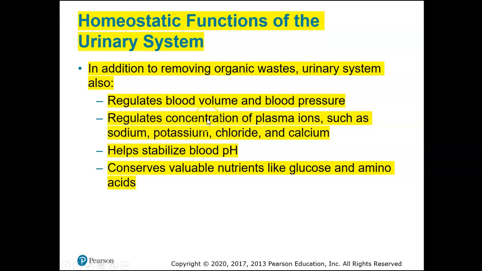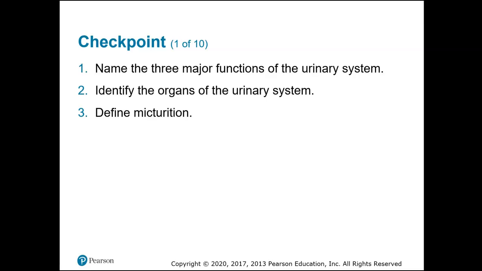The urinary system regulates the concentration of plasma ions such as sodium, potassium, chloride, and calcium. It helps stabilize blood pH by secreting hydrogen ions to lower the pH when necessary, when it's too high. And the urinary system conserves valuable nutrients like glucose and amino acids.